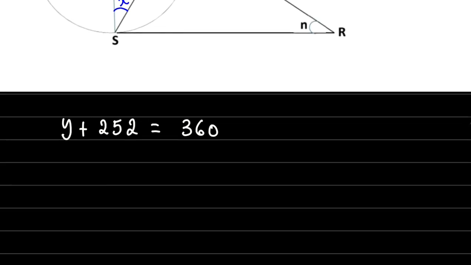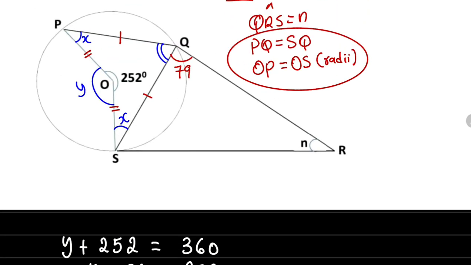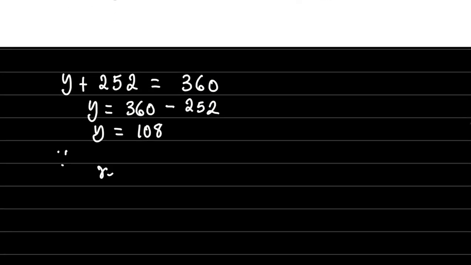So my y will be 360 minus 252, which is 108. Therefore, the reflex POS is equal to y, which is 108. We are done with that.